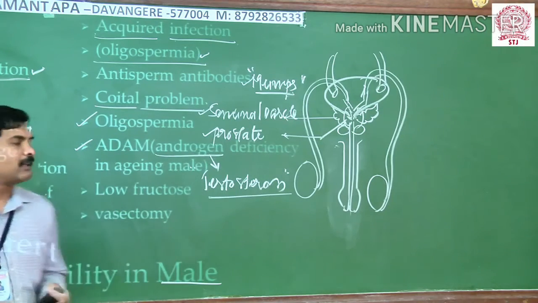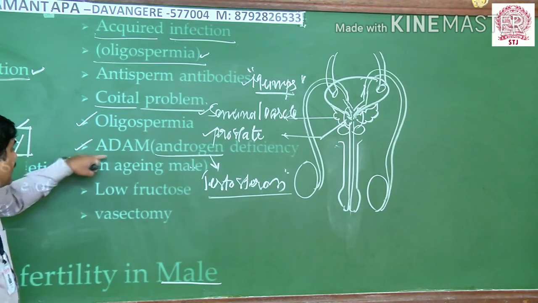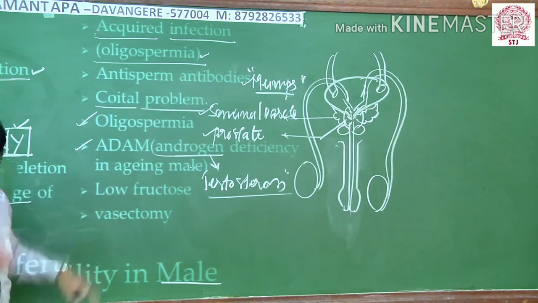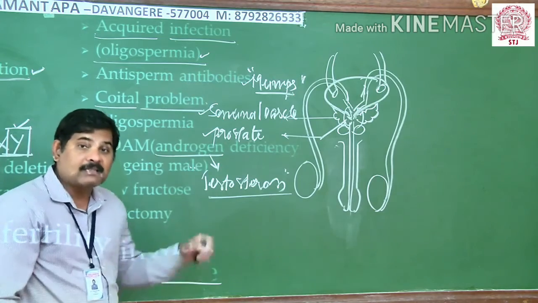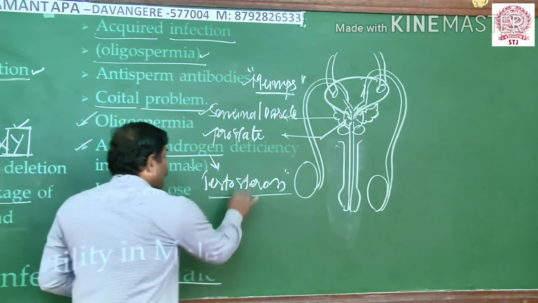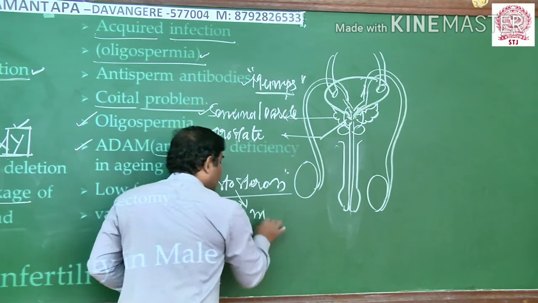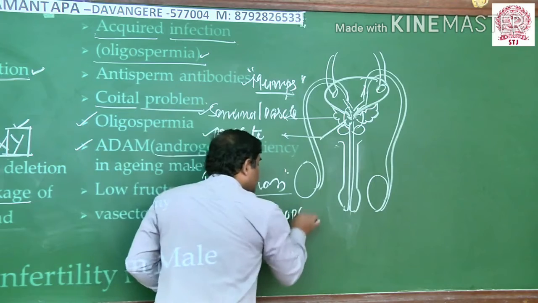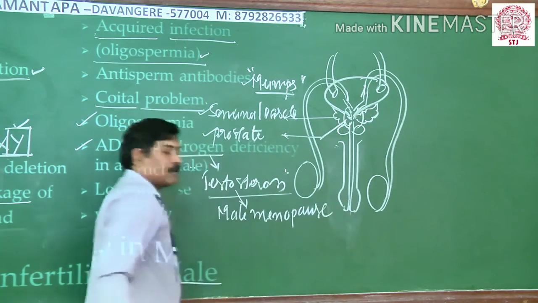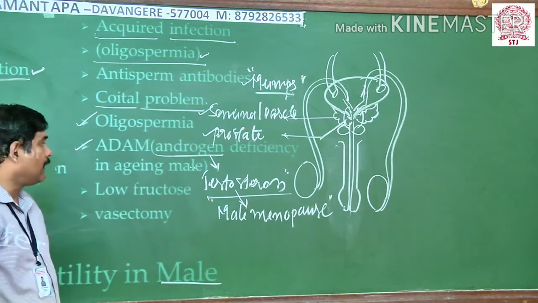In such cases, there is no possibility of conceiving. This ADAM problem is otherwise known as male menopause. That condition will arise when age is progressing in a male.